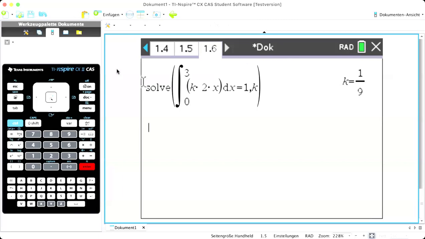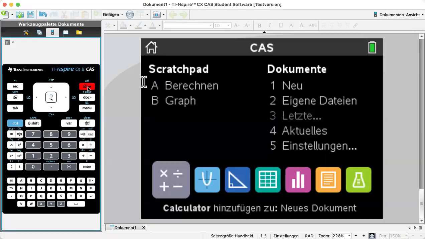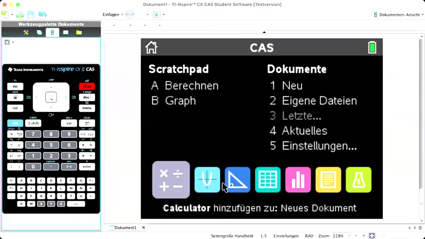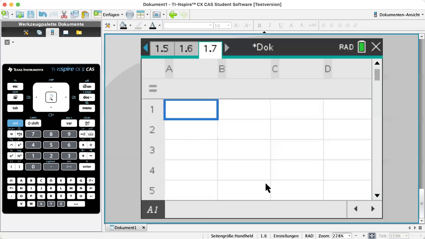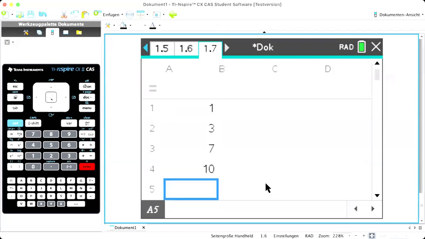So the on button, get to the home screen. And then I always use the lists and spreadsheets picture, because normally you have a sample given, 2 samples given, and first you need to insert your sample here. So 1, 3, 6, 7, 10, whatever.